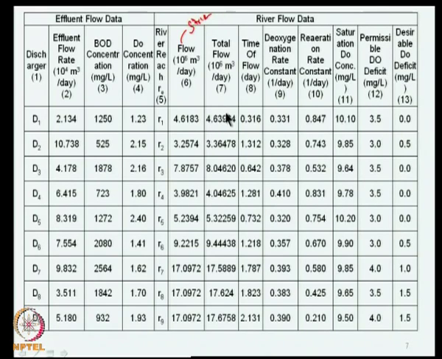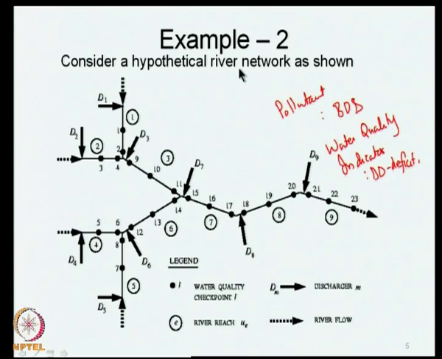So, this is the total flow that is coming, and then what we are saying is at any particular reach here, we know the total flow. One is due to the stream flow, another added to that is the effluent flow. So, the total volume of flow that is occurring in this reach will be this flow plus this flow, that is what we are saying.